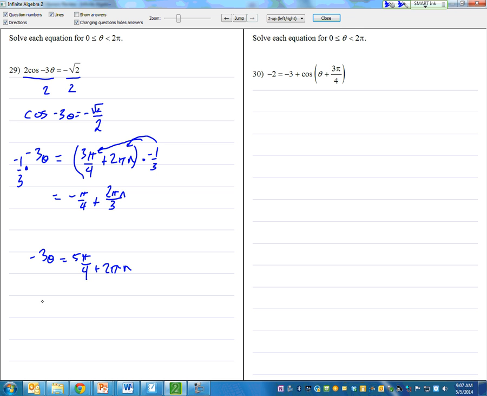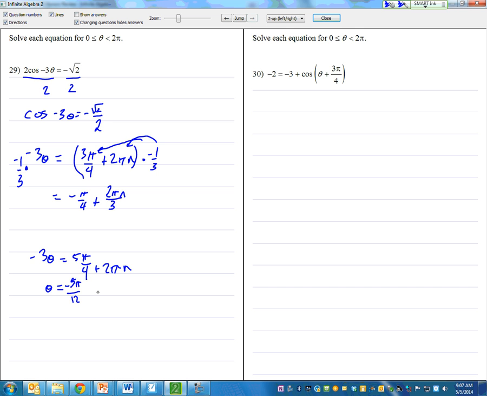So same thing here, but this time I'm going to times by that negative 1/3, and this time I have to leave it in there. So when I times by that negative 1/3, that's going to give you 5 pi twelfths, and it's negative.